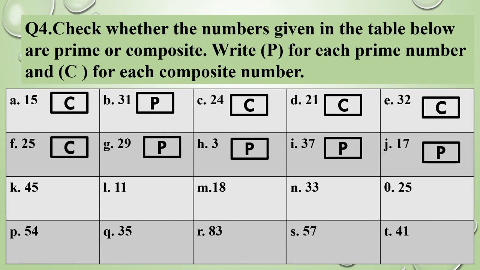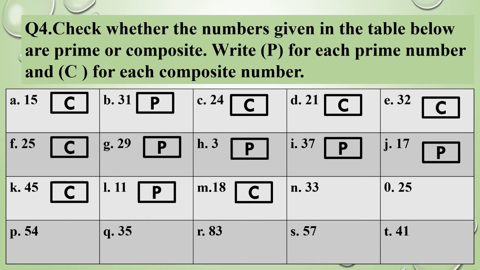Then number 45, it has factors 1, 3, 5, 9, 15 and 45. It has more than two factors, so it is also a composite number. Then number 11, it has two factors, so it is a prime number. Number 18 has factors 1, 2, 3, 6, 9 and 18, meaning more than two factors, so it is also a composite number.